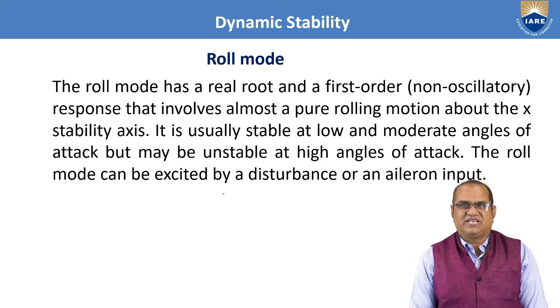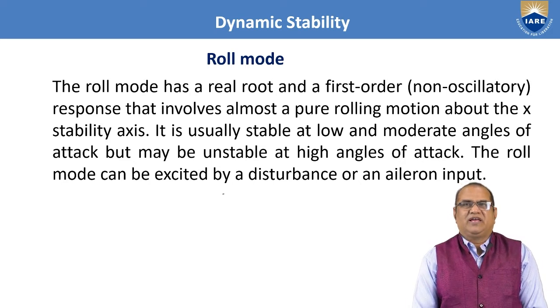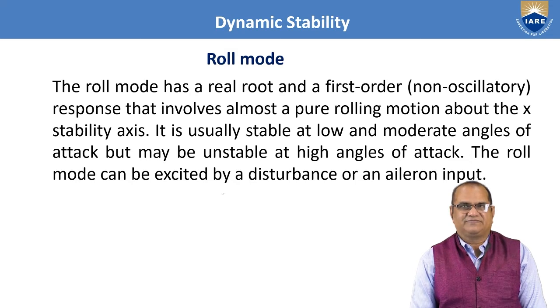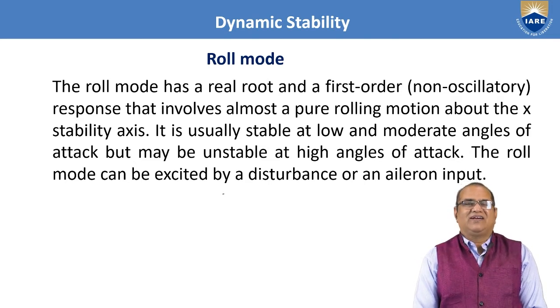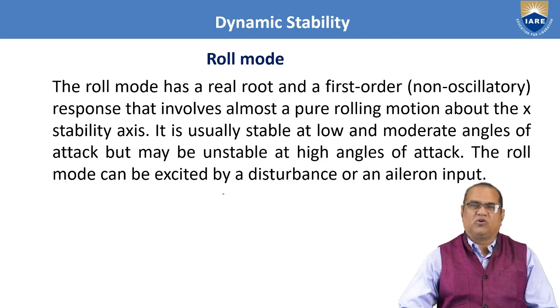It is usually stable at low and moderate angle of attack, but may be unstable at high angle of attack. The roll mode can be excited by a disturbance or an aileron input. So what is the roll?